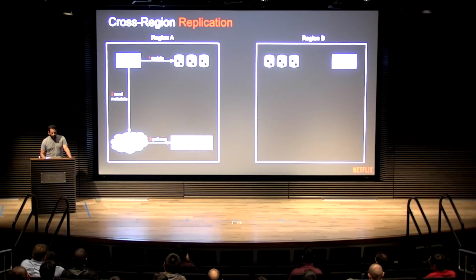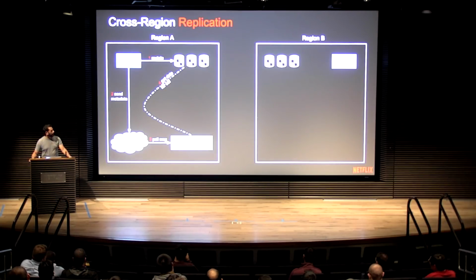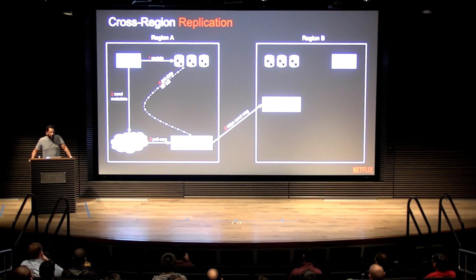We have an application called replication relay, which reads the Kafka stream and potentially reads the data from the EV Cache in that local region, and posts the data through an HTTPS link to another application called replication proxy in the other region. The replication proxy in the other region, on behalf of the application in region A, writes to the EV Cache in region B.